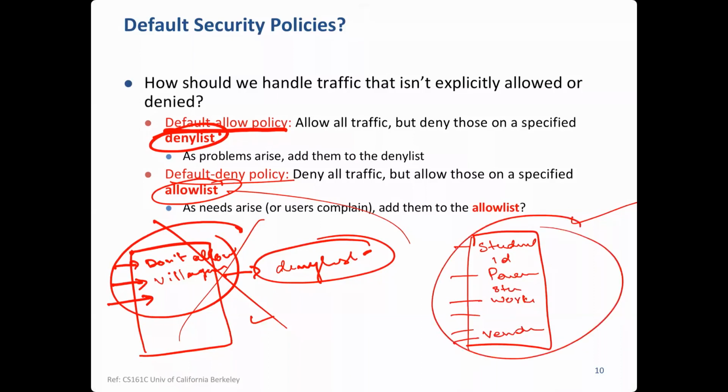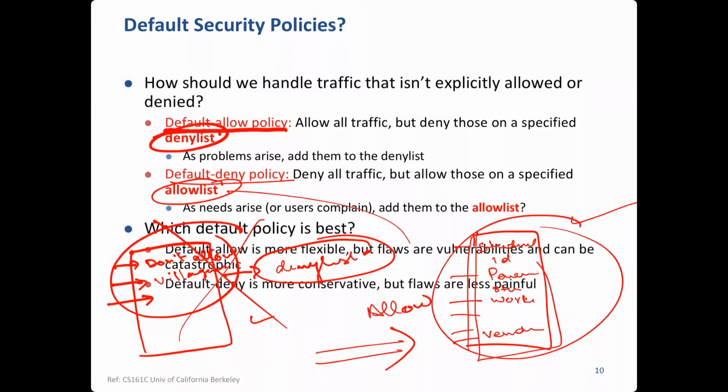So this is the allow list. When somebody comes in and the guard checks that person and they are not part of this list, then deny them. So we can have this kind of policy.